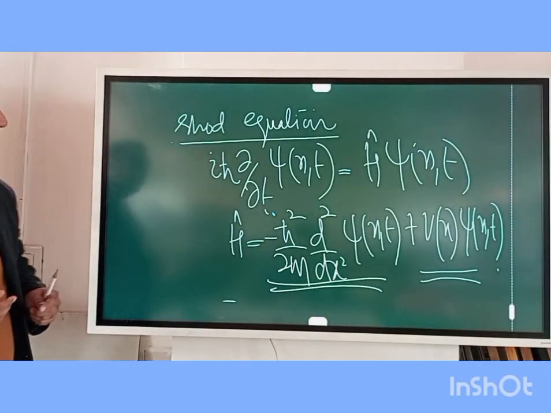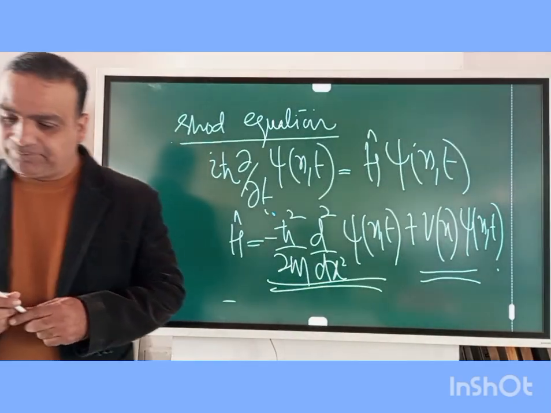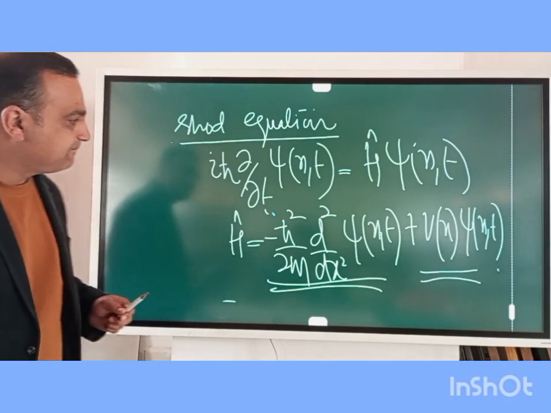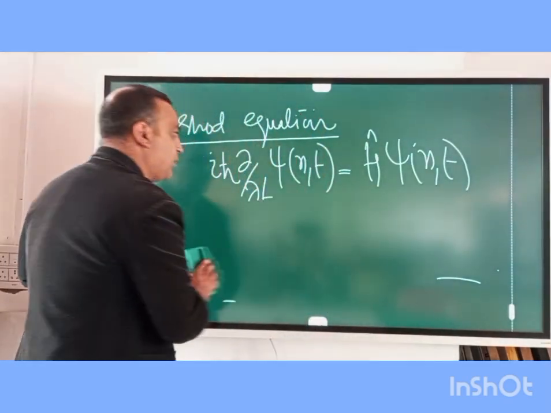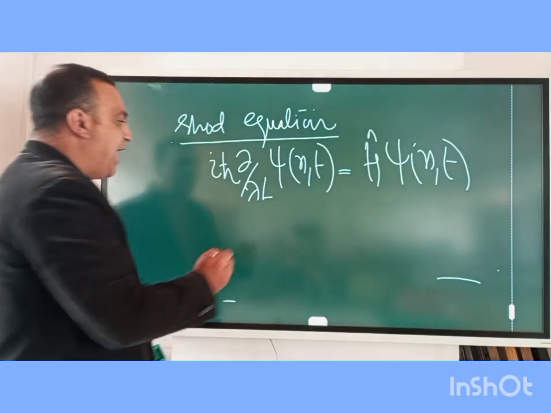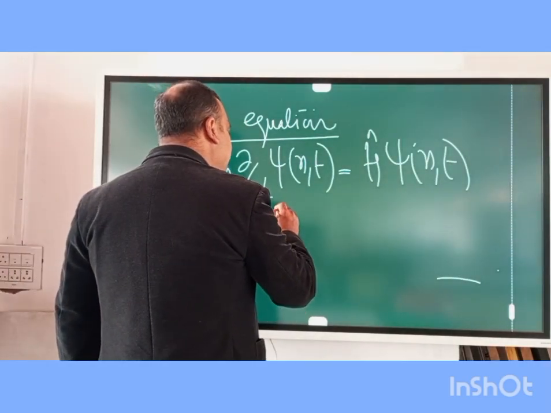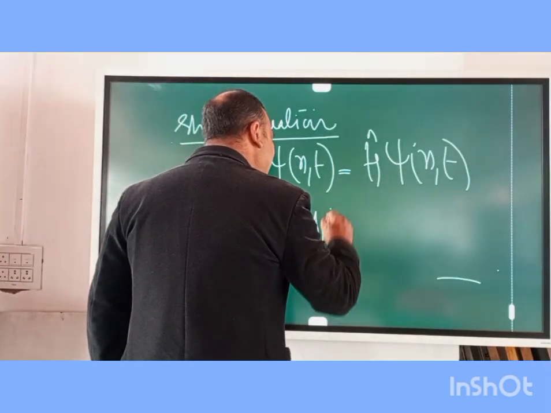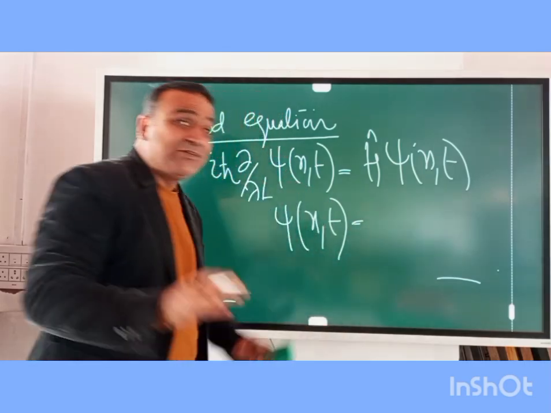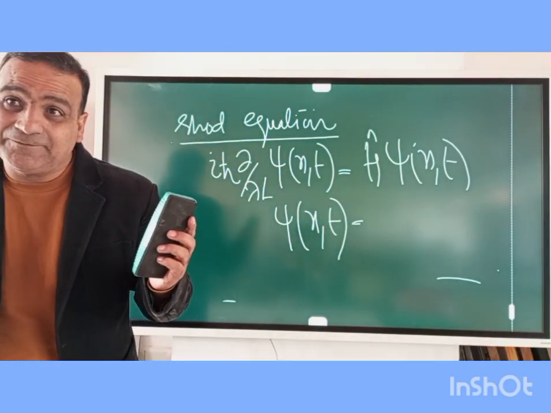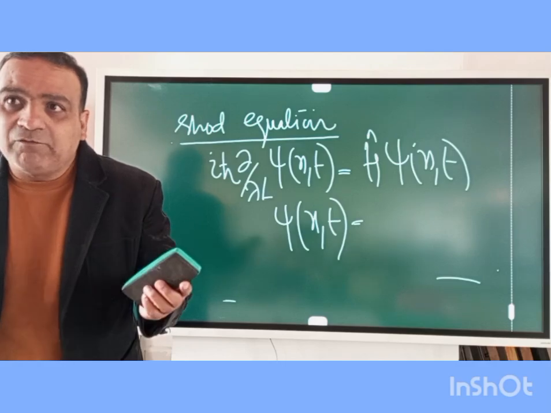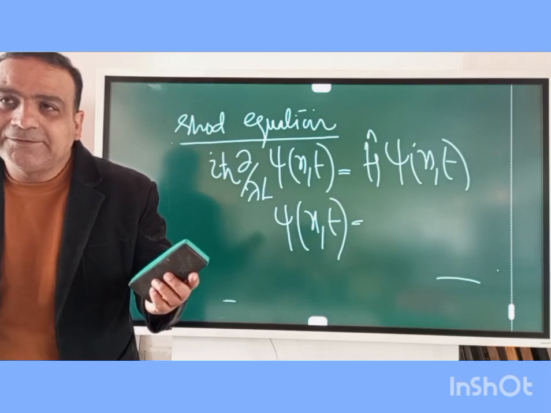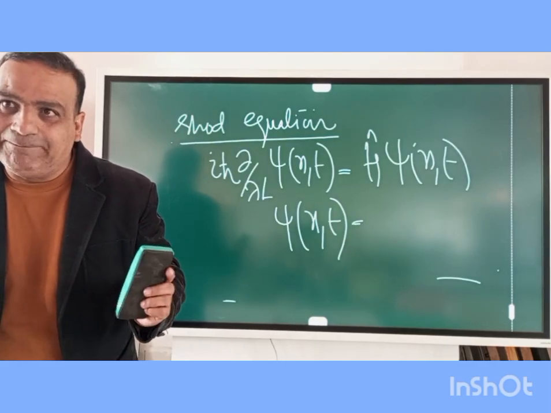Here we will choose a way out in which I use this psi of x and t as the product of two functions. It's made of what? Position and time. So what's the way out for me for the time being?